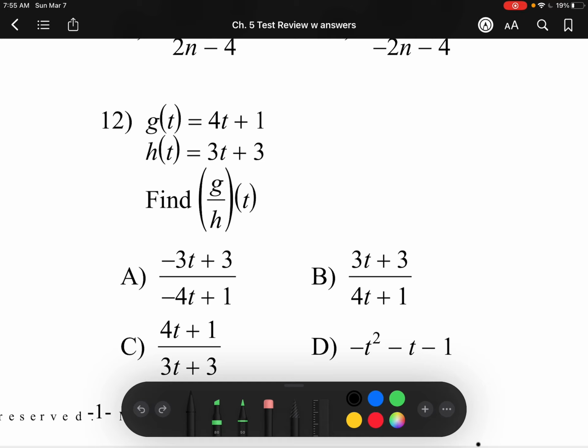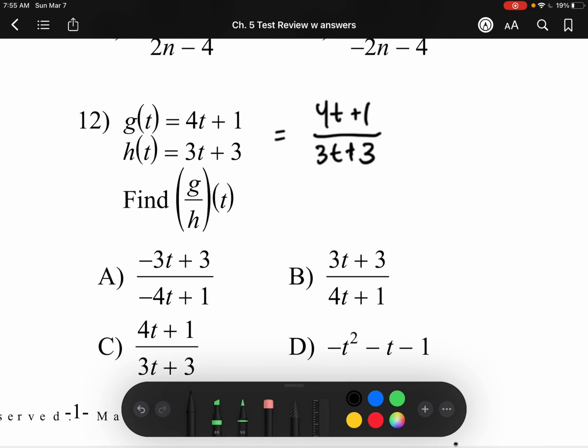They're in simplest form. It can't be divided evenly, so when we write it out, it's going to be our final answer. I'm not even going to color code it. So I'm putting function g, 4t plus 1, over function h, which is 3t plus 3. And that is going to be option C, right?